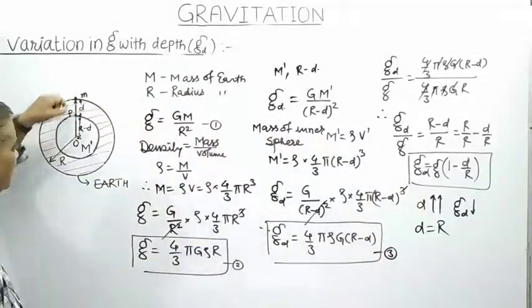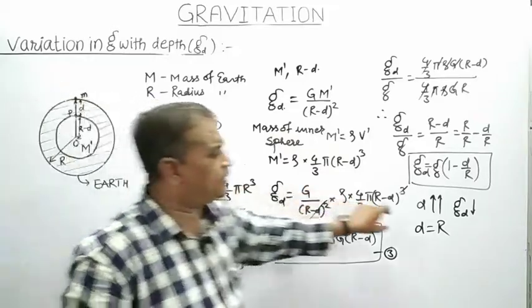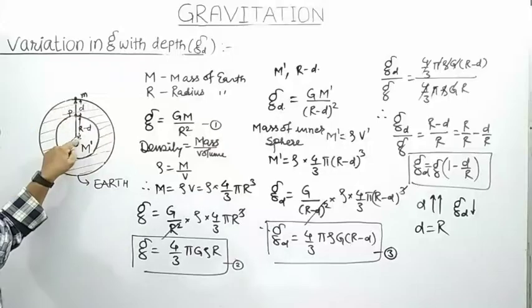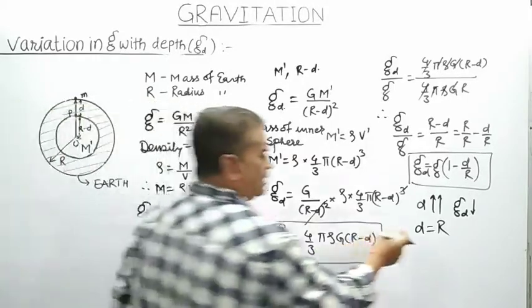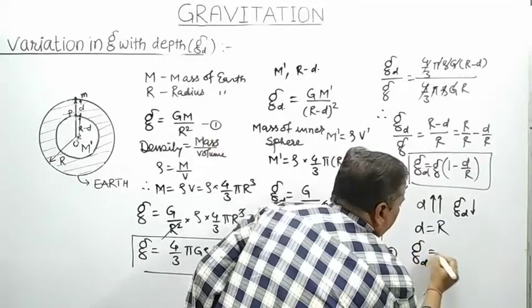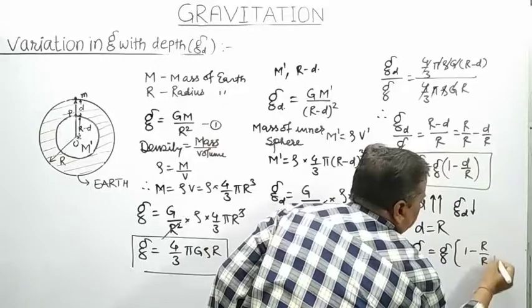And when the object is kept at a depth d equal to the radius of the earth, where is that object situated? It is lying exactly at the center of the earth. So when d is equal to R, from this expression gD is equal to g into (1 minus R by R).